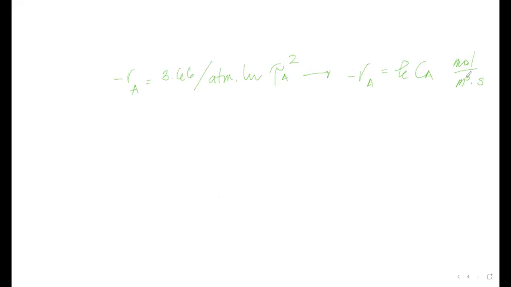That's it. So the big question, according to Levenspiel, is what is now the value of the new K if from this original rate law, wherein rate is expressed in terms of partial pressure, you have converted it to kCa.